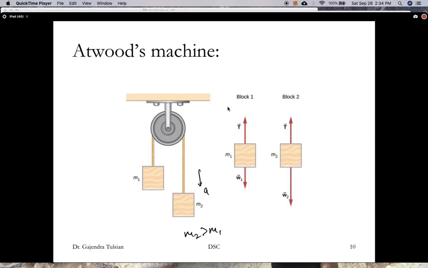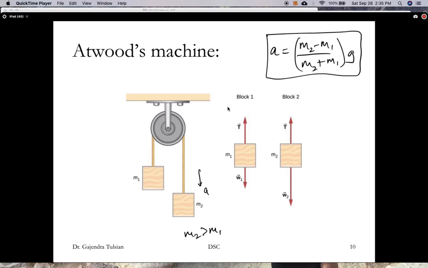And you can adjust the masses so that this acceleration can be anywhere from minus g to g. So here is a given in terms of the masses times g, and a can range from minus g to g.